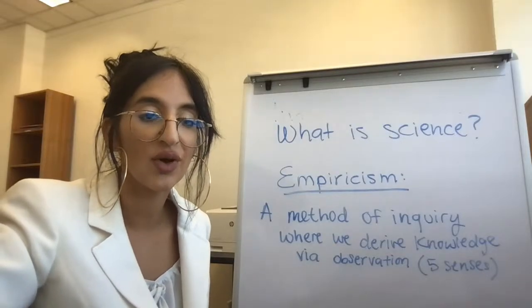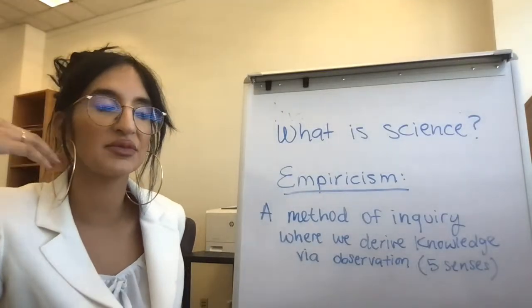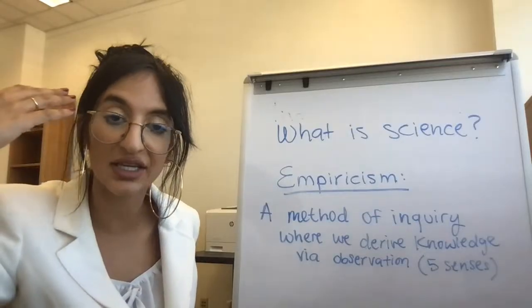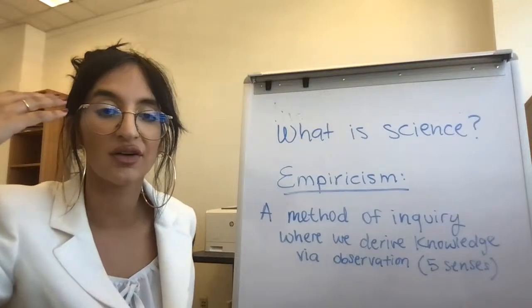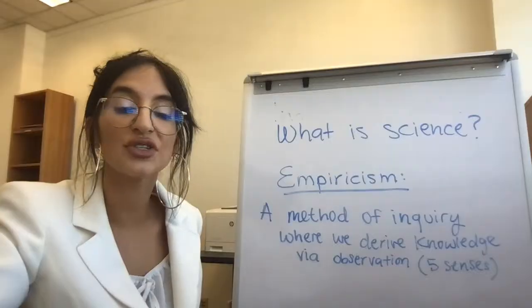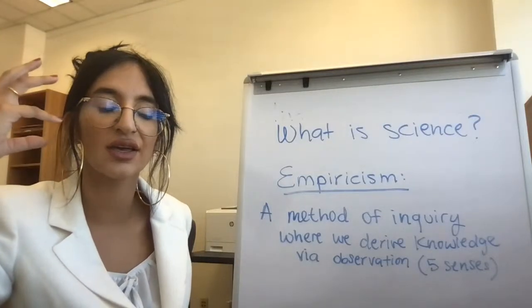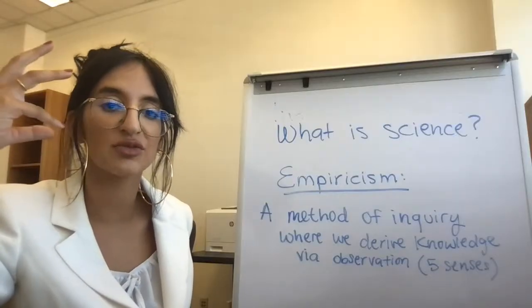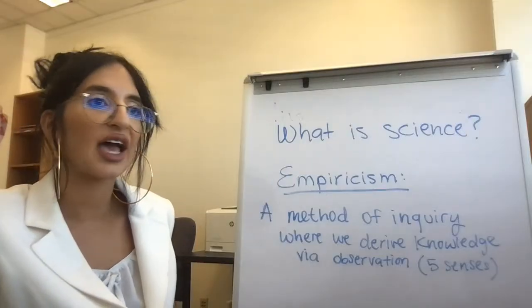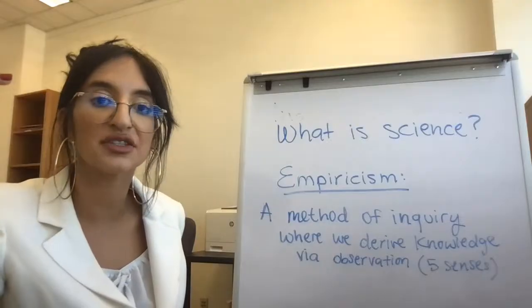So one thing I want to point out to you is that as science took off in the Enlightenment period as a legitimate form of learning about the world, there were certain assumptions we had to just make, certain starting premises, starting assumptions. You can think of it almost like the axioms in math. In math, you have these things called axioms that you just take to be true, right?